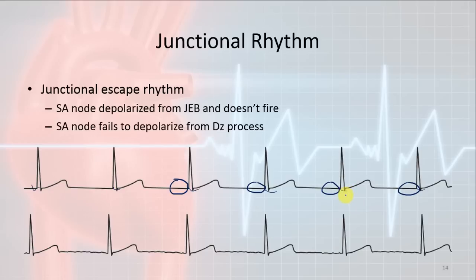Why would it not be occurring in the ventricle? I do get that question frequently. Why is this not considered a ventricular escape rhythm? One reason is because we're talking about junctional rhythms, so it could be a junctional rhythm.